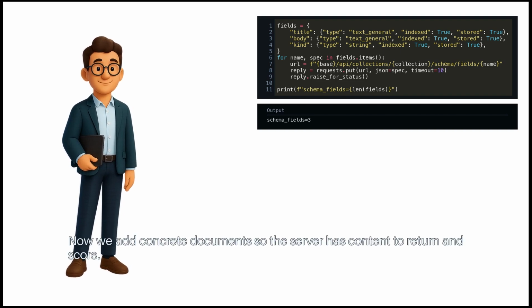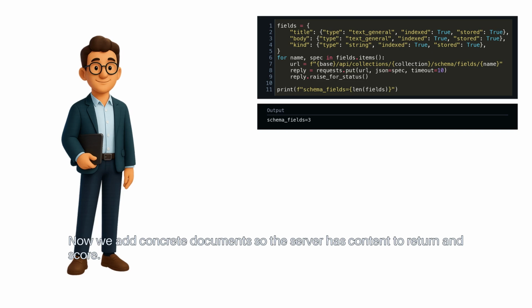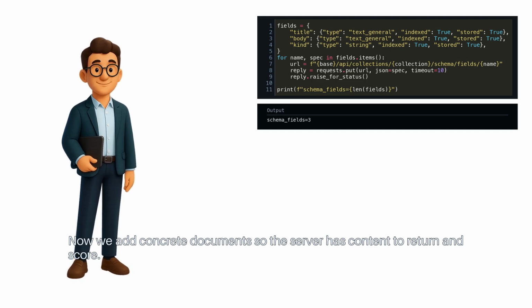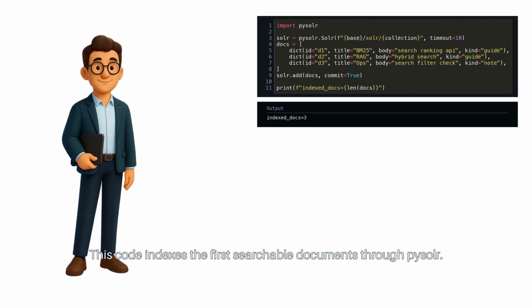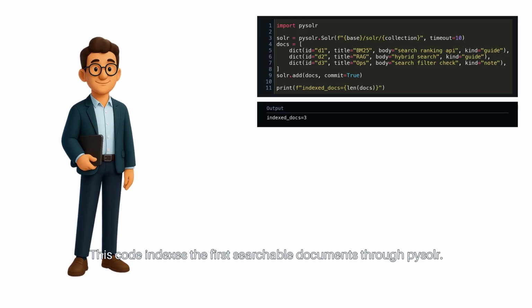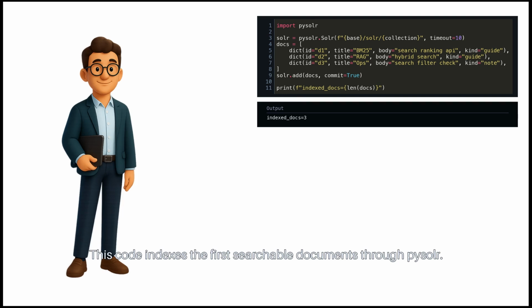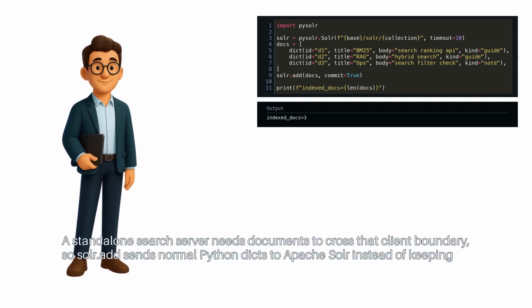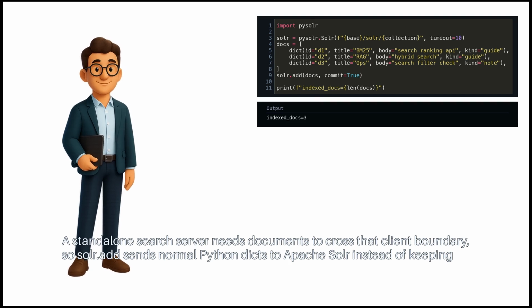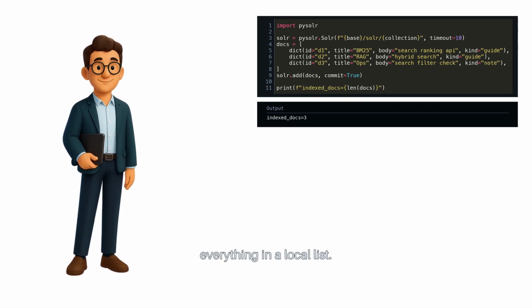Now, we add concrete documents so the server has content to return and score. This code indexes the first searchable documents through pysolr. A standalone search server needs documents to cross that client boundary, so solr.add sends normal Python dicts to Apache Solr instead of keeping everything in a local list.